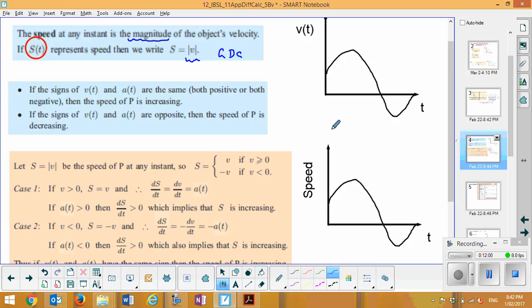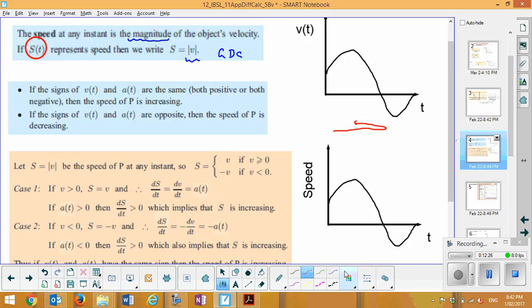So in terms of a motion graph, it would be moving this way, and then stopping, and then turning around and moving back. All right, let me just draw that. So it's moving to the right, and then it stops, and then turns around and starts moving back. So it gets faster moving back, and then slows down, stops as if it's about to turn around again.